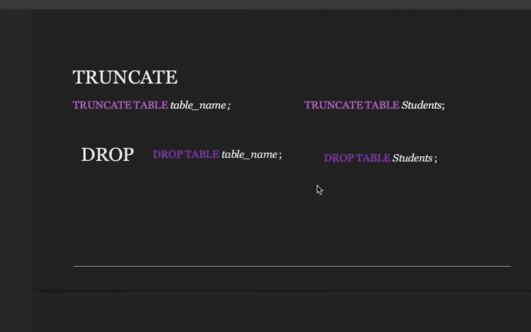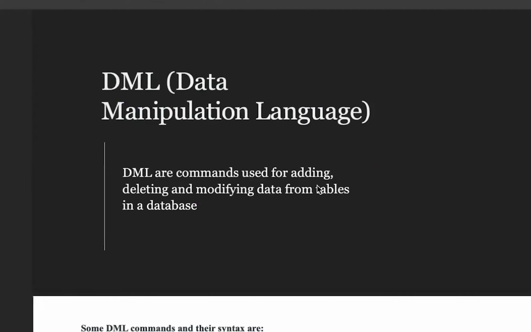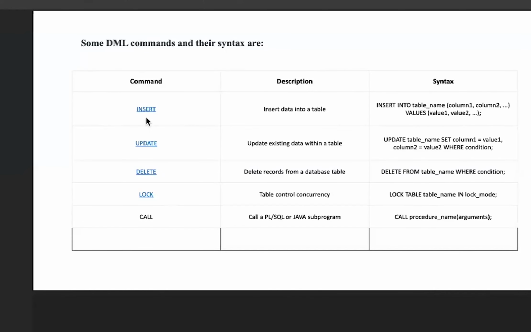That's drop for you. Data manipulation language, DML, comprises commands used for adding, deleting, and modifying data in tables in a database. Here, INSERT: you want to insert data into the table, put more information into a table.